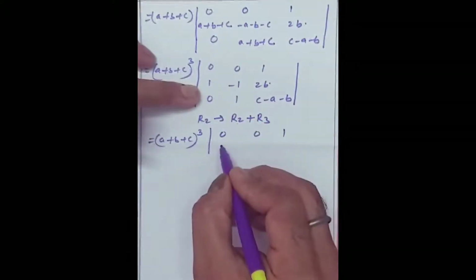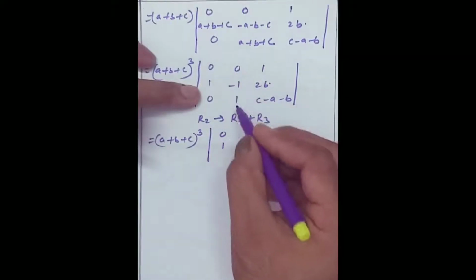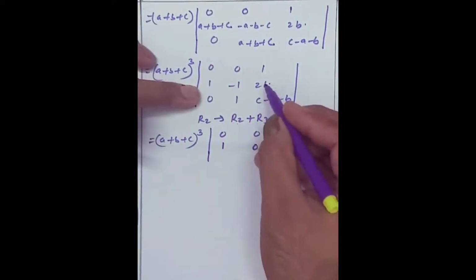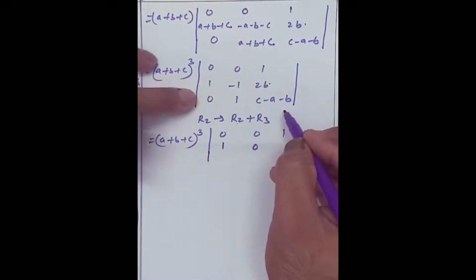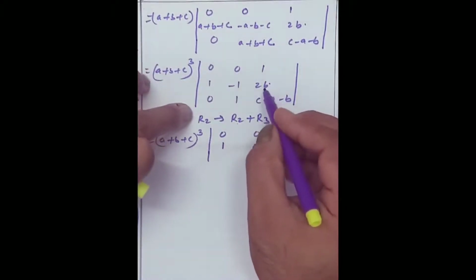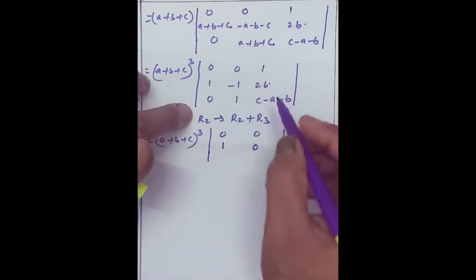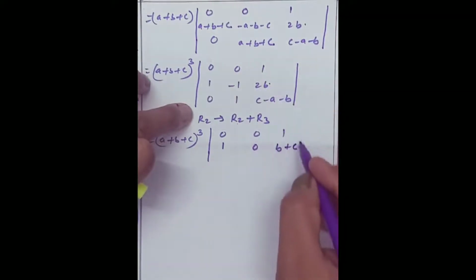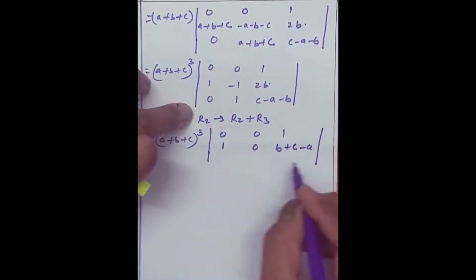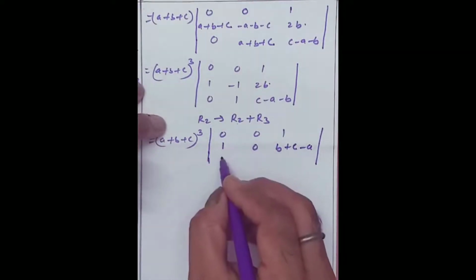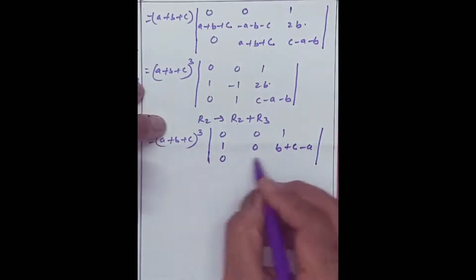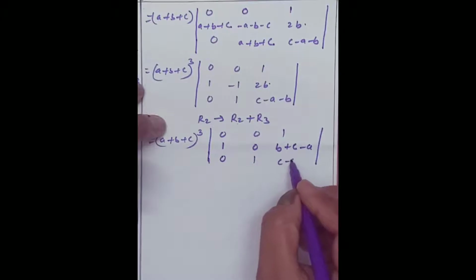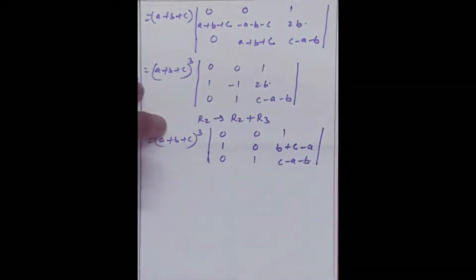So 1 plus 0 is 1 only, minus 1 plus 0, and 2b plus this we have added here. So that means 2b minus b plus c, but a will remain negative, no issue in that, and the last column is 0, last row is 0, 1, c minus a minus b.